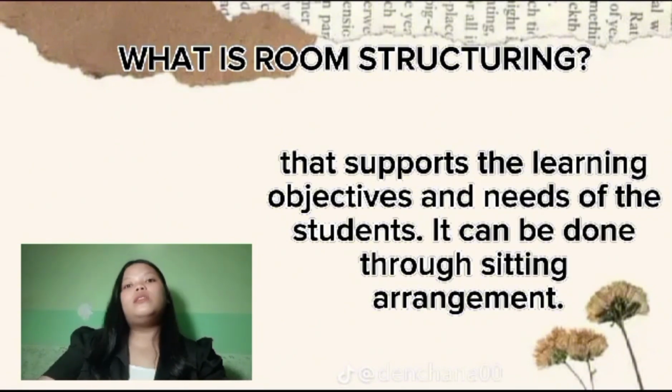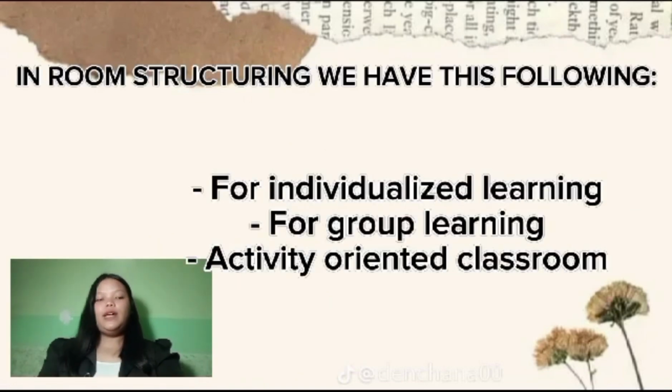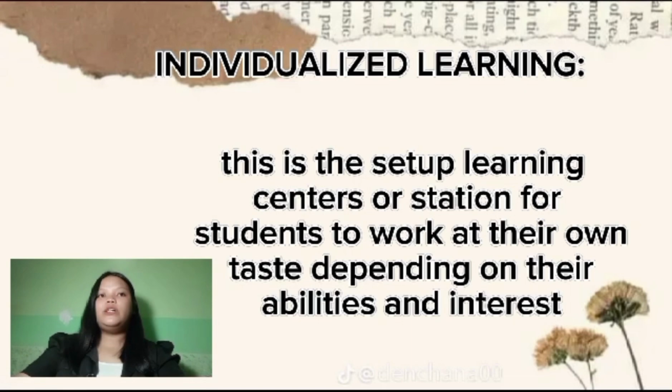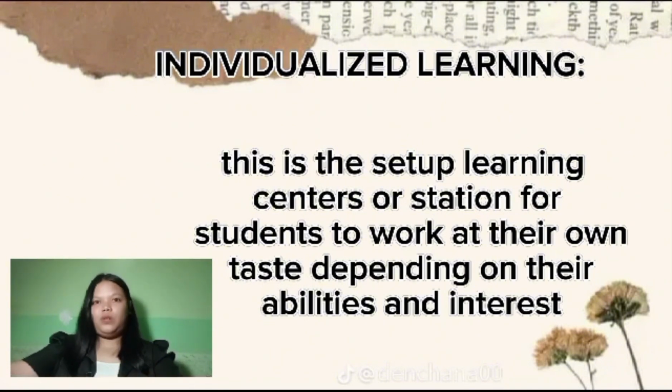It can be done through seating arrangement. Room structuring can be done inside the classroom in these forms: for individualized learning, for group learning, and activity-oriented classroom. For individualized learning, this is a setup of learning centers or stations for students to work at their own pace depending on their abilities and interests.